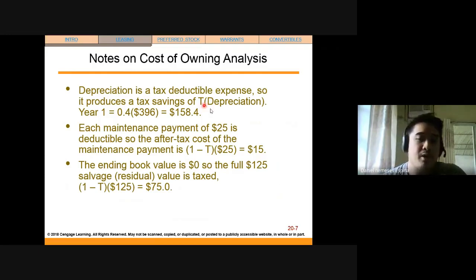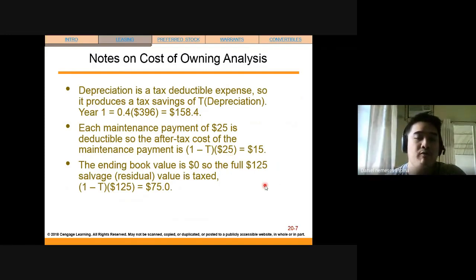Each maintenance payment of $25,000 is deductible. So the after-tax cost is 15. So 1 minus T, or 1 minus 40%, is 60%, multiplied by 25,000. So you have 15,000 per year maintenance expense. Because that 40% is a tax benefit or tax shield, it is deducted from the 25.